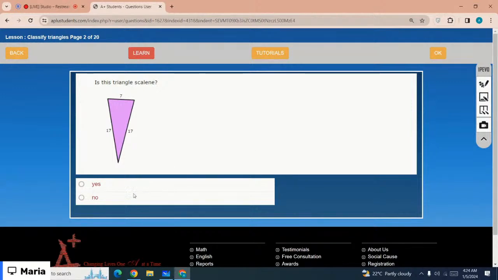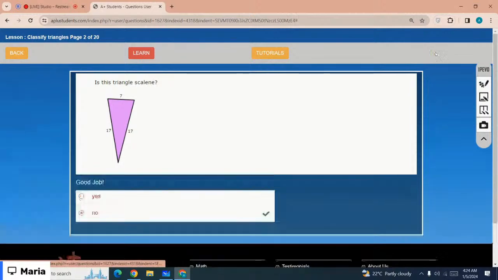No, this is not the scalene triangle, right?